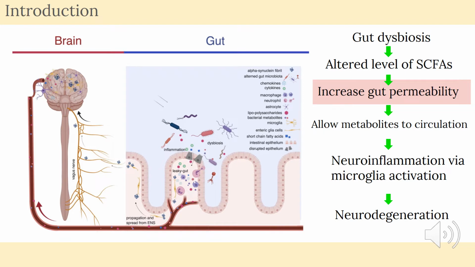The lower level of short-chain fatty acids increases gut permeability, which means that it allows more metabolites into the circulation, including toxic ones. This toxin can travel from the gut to the brain, crossing the blood-brain barrier, and then induce neuroinflammation by activating microglial cells, and then cause neurodegeneration in the area of the extrapyramidal tract, which can cause Parkinson's disease.